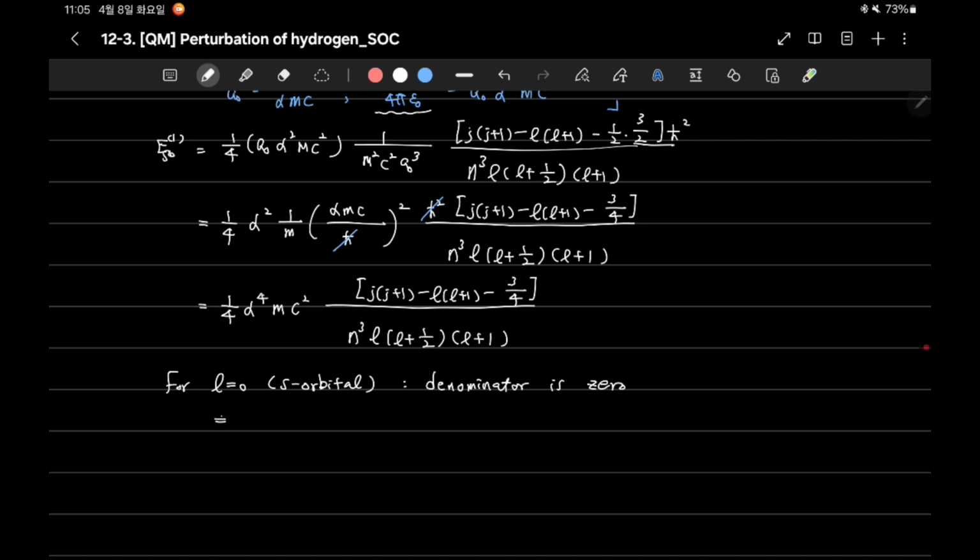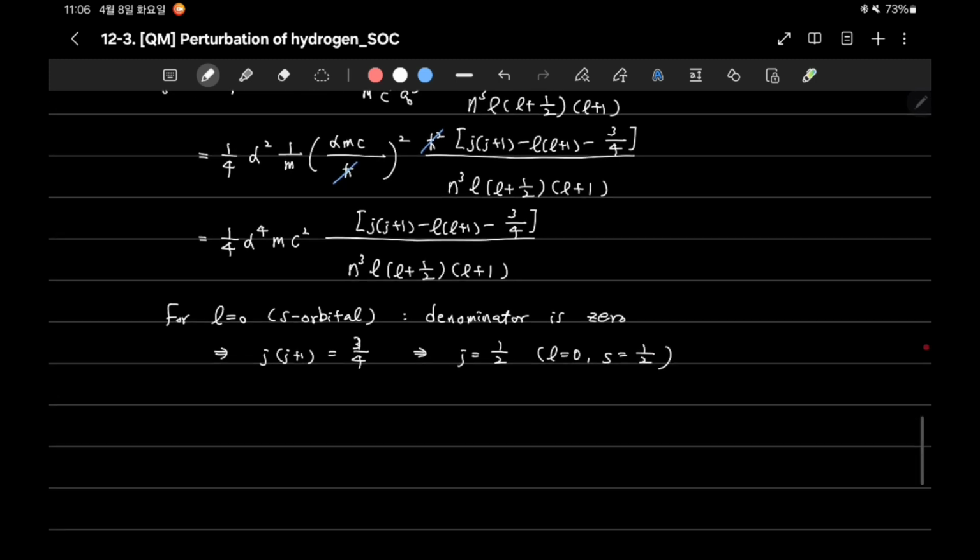So the numerator should be 0. So it makes that the j plus 1 l equal to 0, so should be 3/4. It makes that, and the j to the 1 half and l equal to 0 and s equal to 1 half.